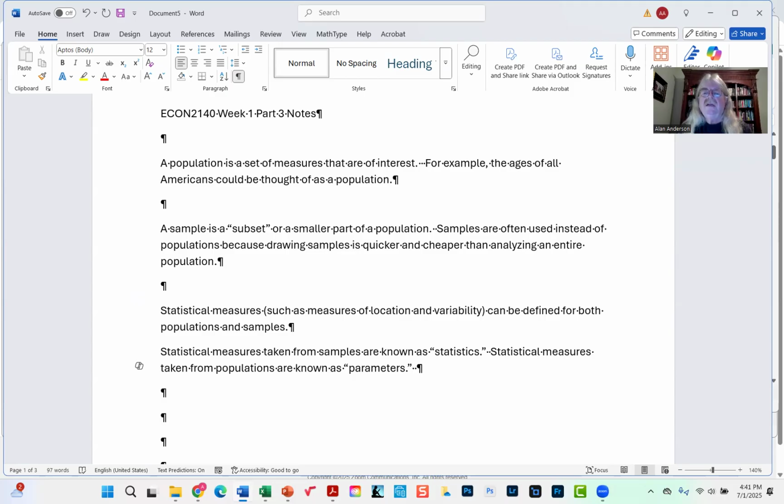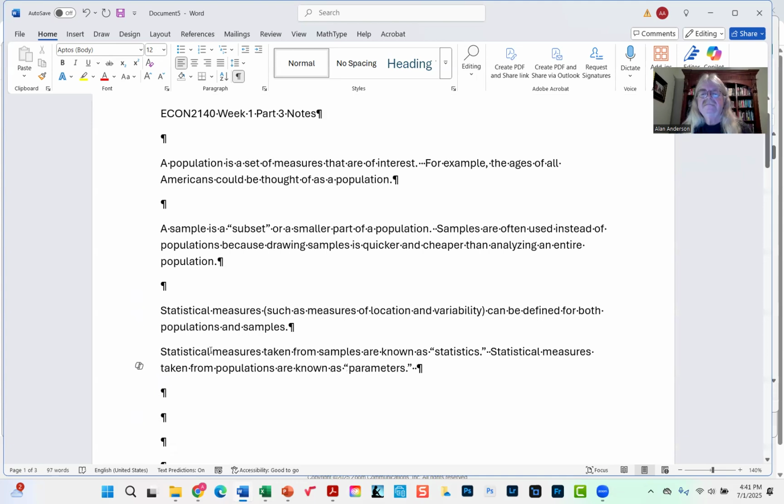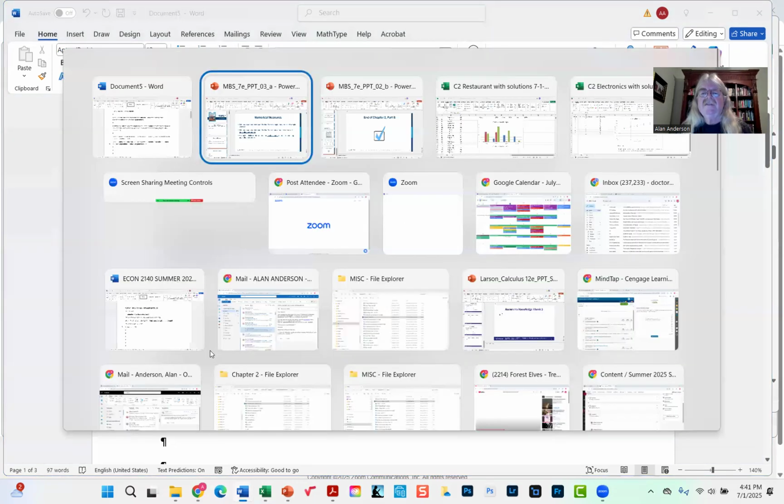And the last definition here is the concept of the estimator.